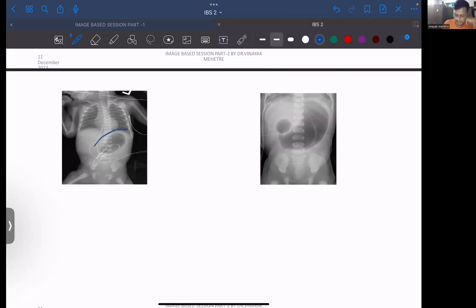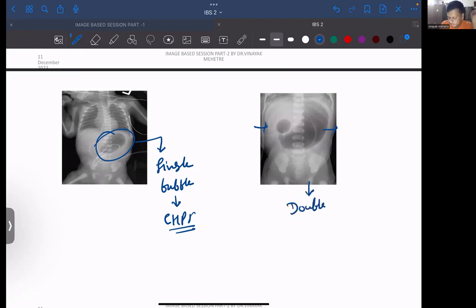Take a look. Only one bubble is called as single bubble. It is seen in congenital hypertrophic pyloric stenosis. Then comes two bubbles. Two bubbles, इसी को हम बोलेंगे double bubble. Examiner's favorite.